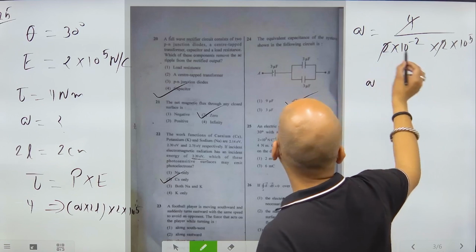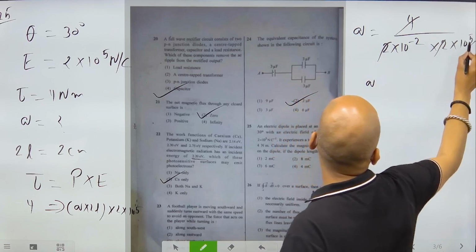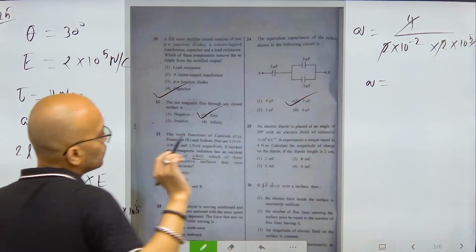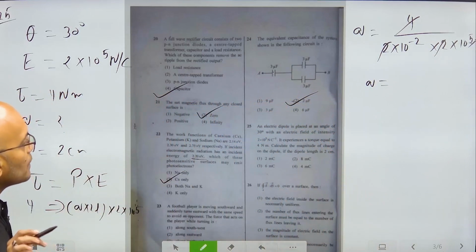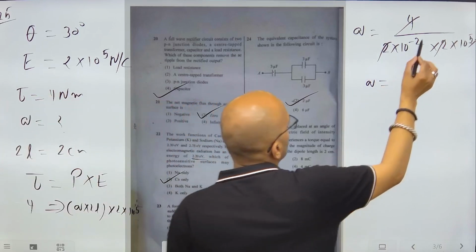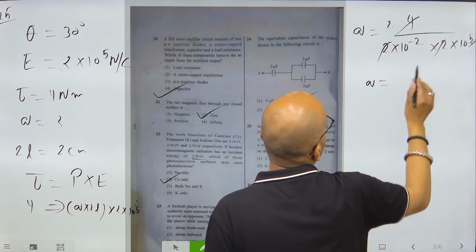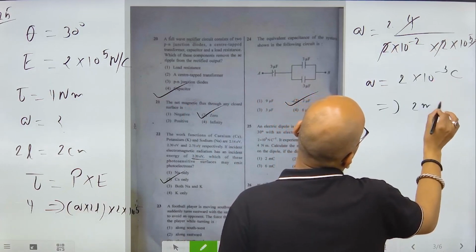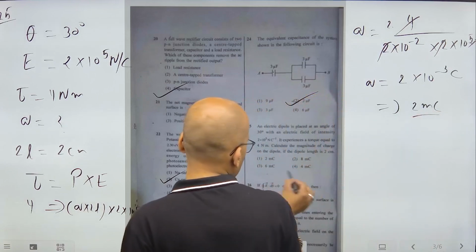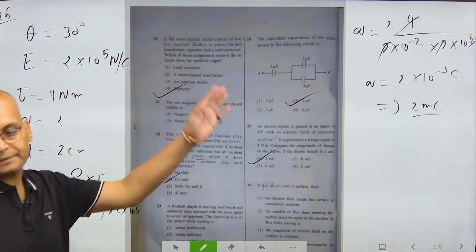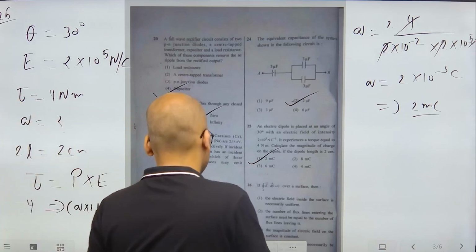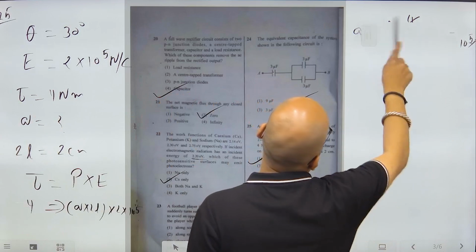So the answer will come out as 2 into 10 to the power minus 3 coulomb, that is millicoulomb. Yeah, option 1. Solve it. You can get it. Now calculation is also very easy. Direct formula feeding.